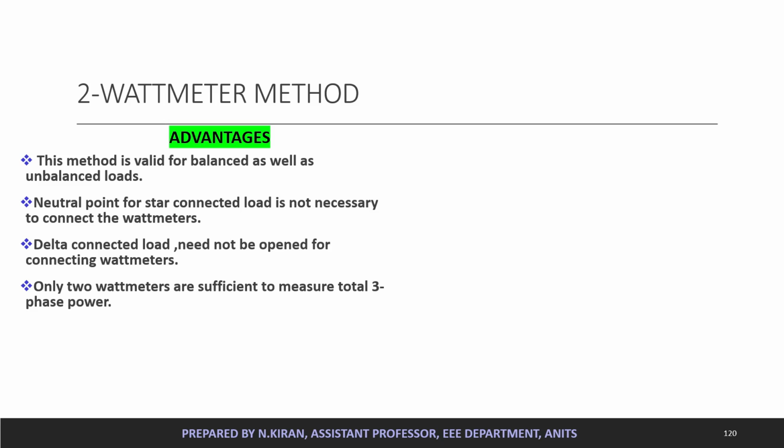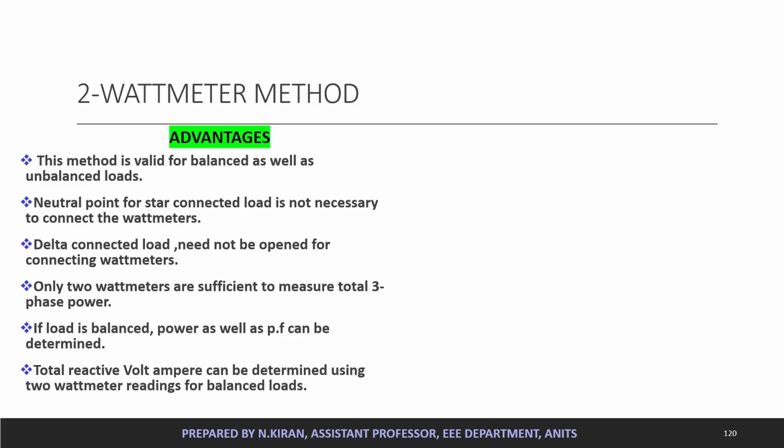Only 2 wattmeters are sufficient to measure the total three-phase power, and hence the power factor as well as power can be determined if the load is balanced. The total reactive power can also be determined for balanced loads using this 2 wattmeter method.